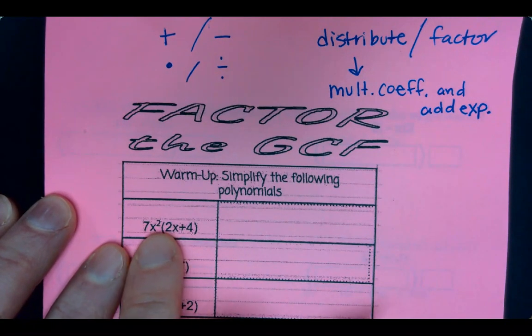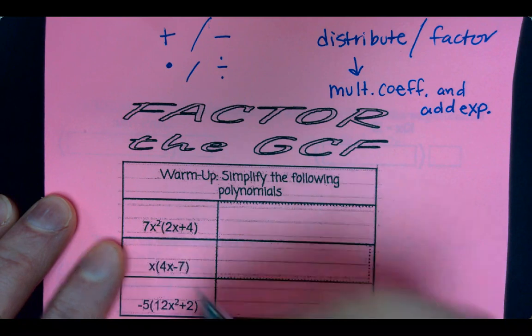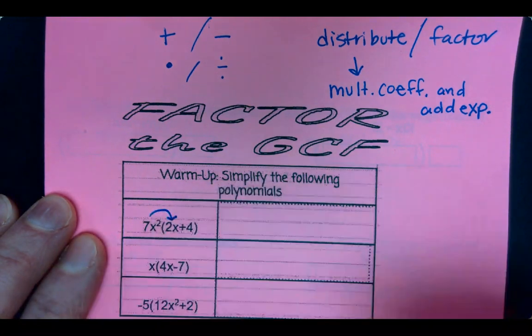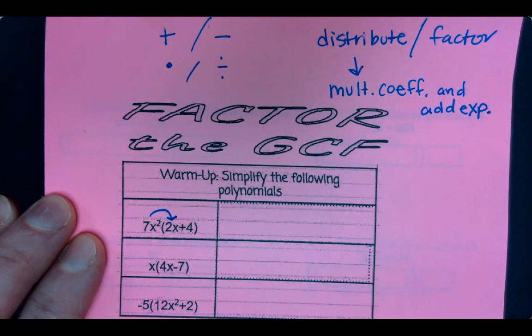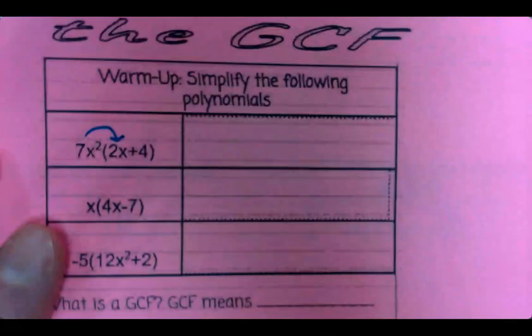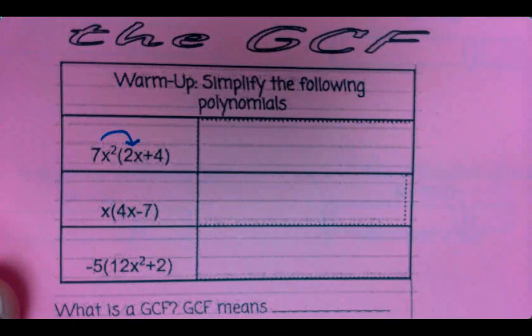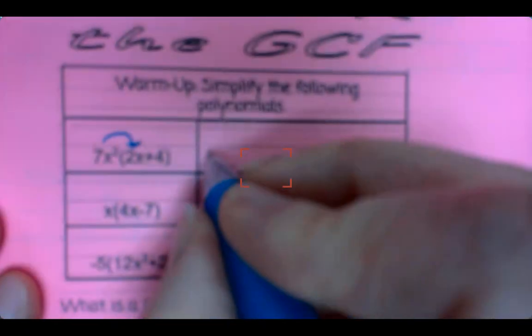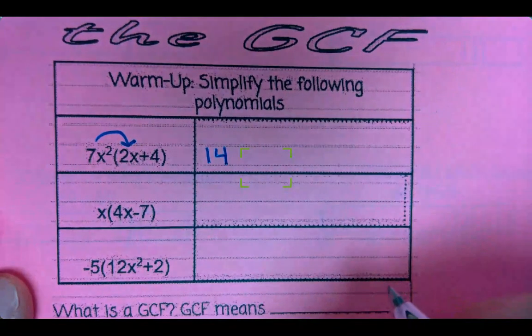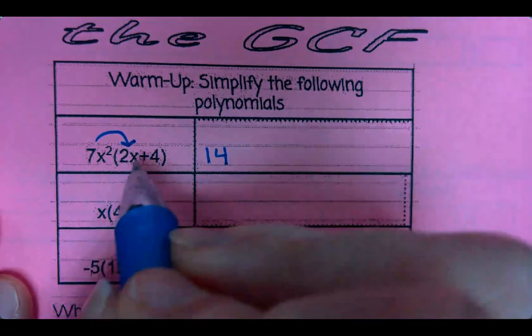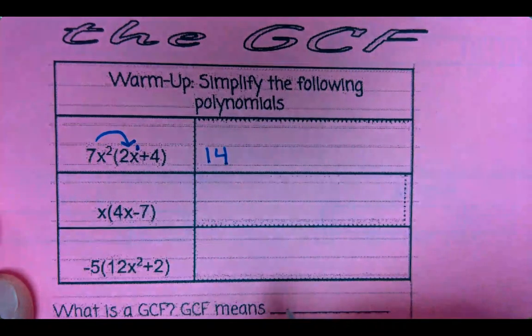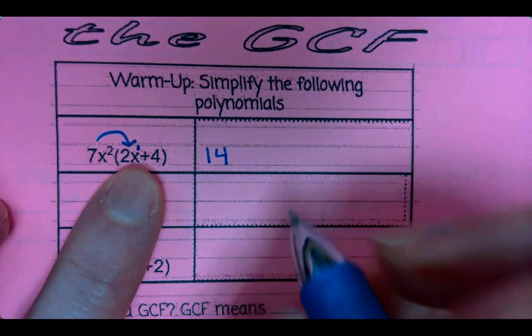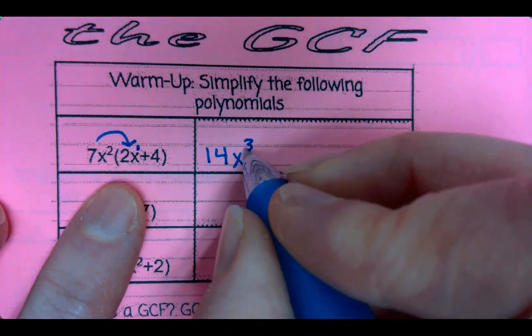So this is what we've done. We multiply coefficients, add exponents. So we're going to distribute the 7x squared into everything inside the parentheses. So we multiply 7 times 2, get 14, and we add exponents. X squared and just an x to the first power. We add the plus 1 is 3, so x to the third.